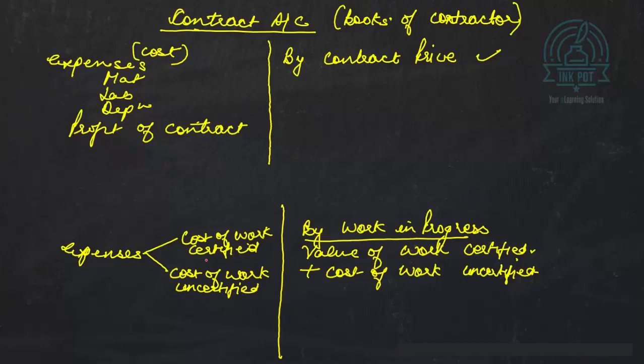Now, if you check, this is the cost of work certified. This and this get cancelled. Now this is the value of work certified minus the cost of work uncertified. We will be left with the profit, and this profit means the profit of work certified.